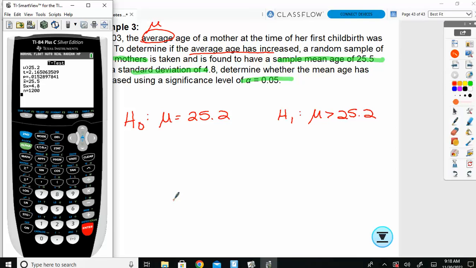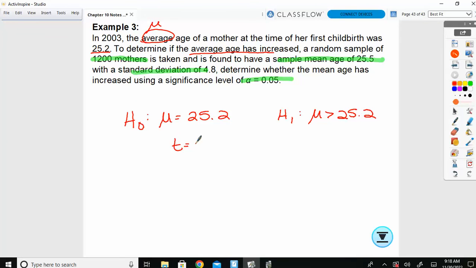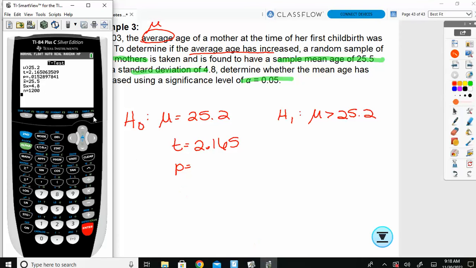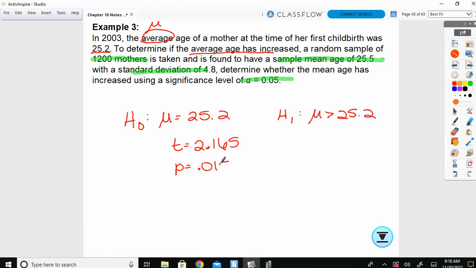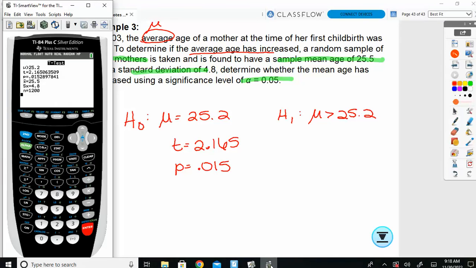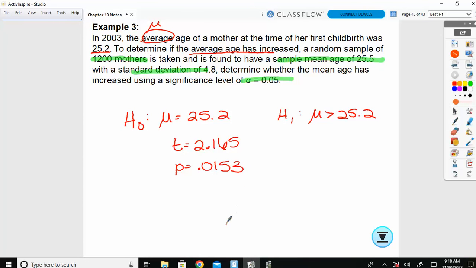Okay, when you're doing it on the calculator, it would be helpful to me if you would write down a little bit of information. You don't have to put everything, but I would like if you would write down your t statistic. So our t was 2.165. What do we get for the probability? Probability is p, so 0.0153.